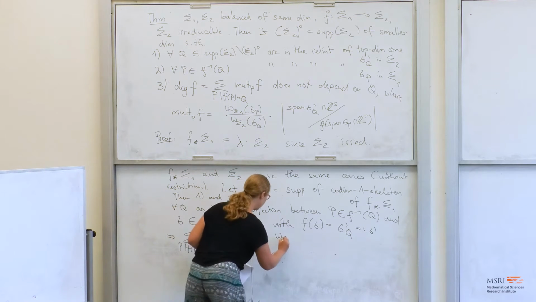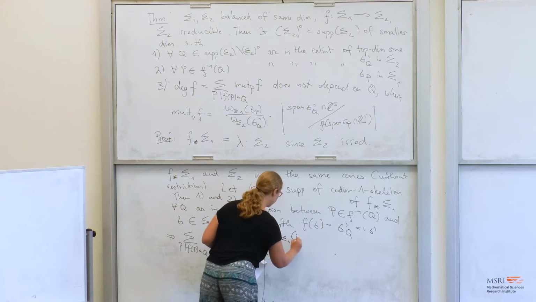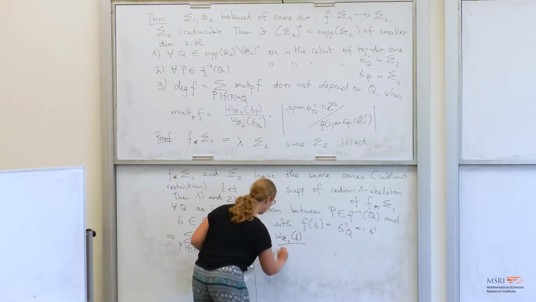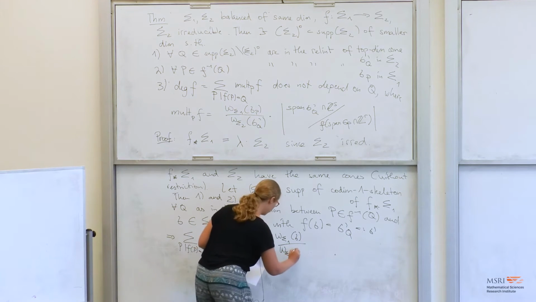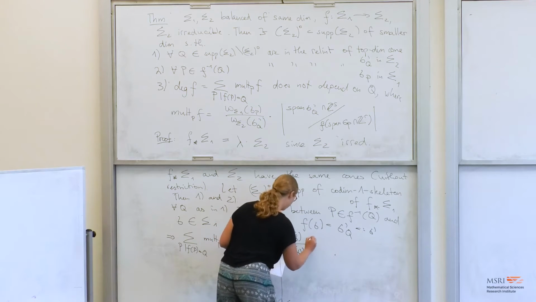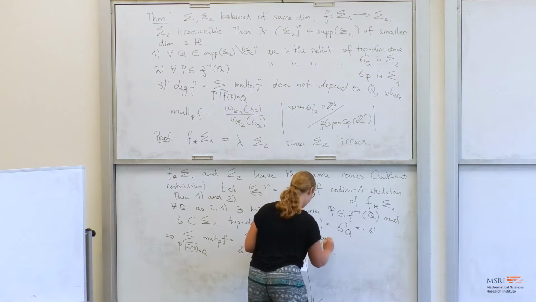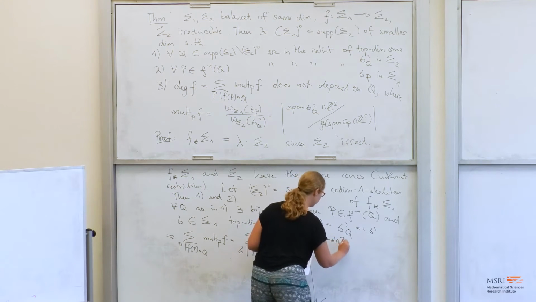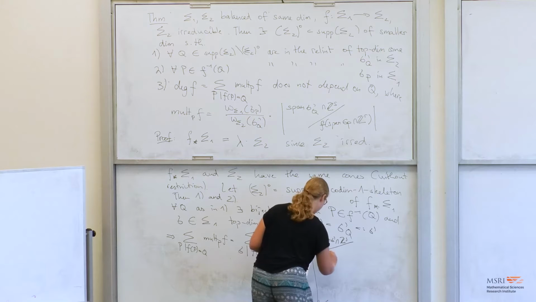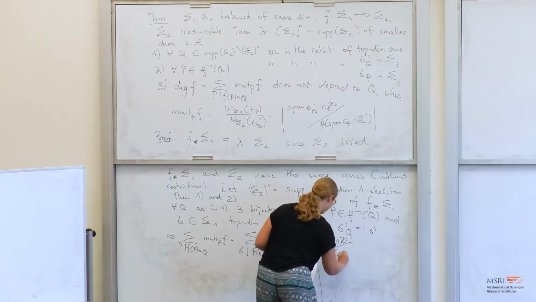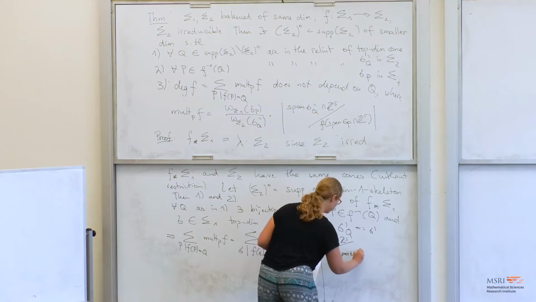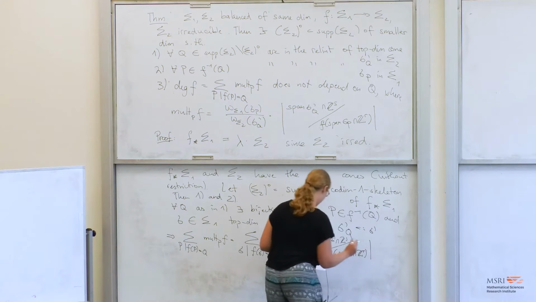Then I can write the weight of sigma 1 of sigma divided by the weight of sigma 2 of sigma prime, times this lattice index: span sigma prime intersected with the lattice, modulo the image lattice, f of span sigma intersected with the lattice.